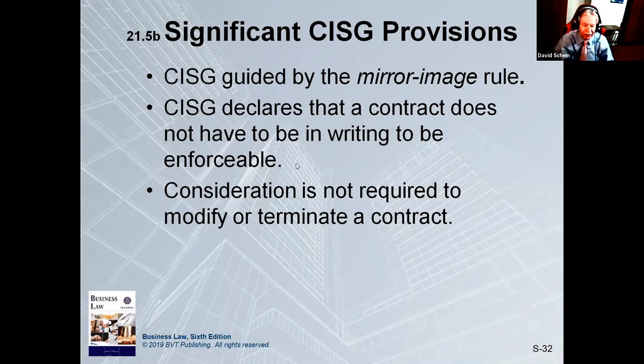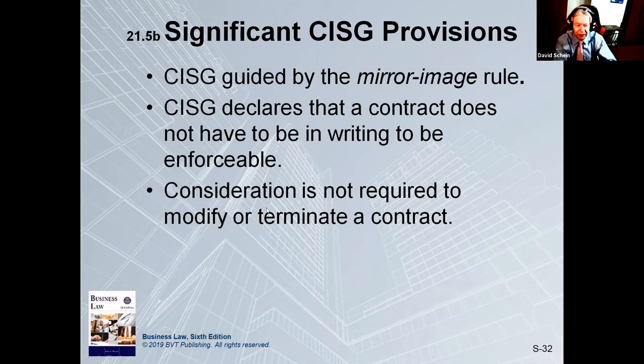Now, rather interestingly, the CISG does not follow the statute of frauds. The CISG declares that a contract does not have to be in writing to be enforceable, and consideration is not required to modify or terminate a contract. Again, recall that at common law, you must have consideration to modify the contract.